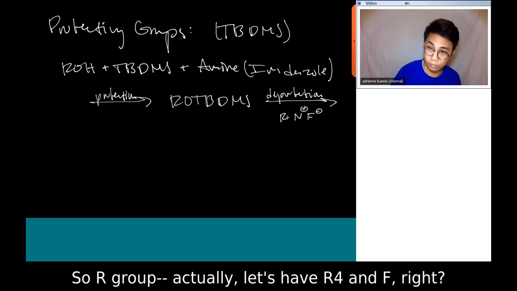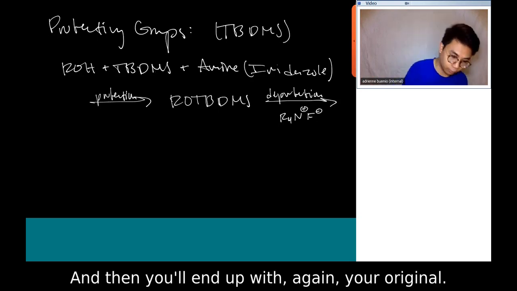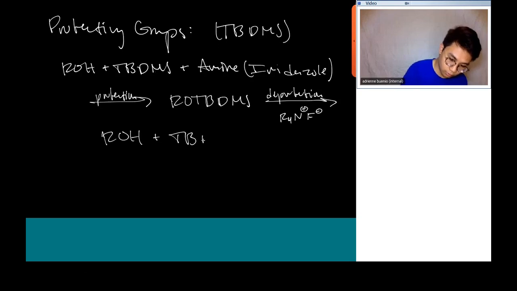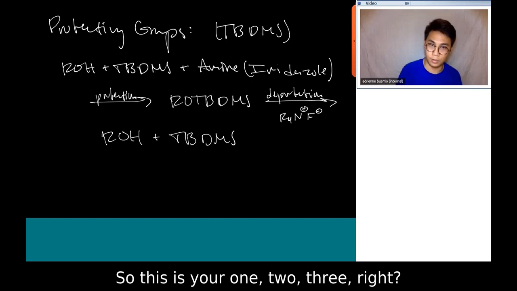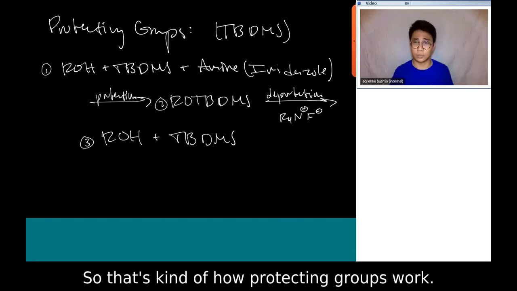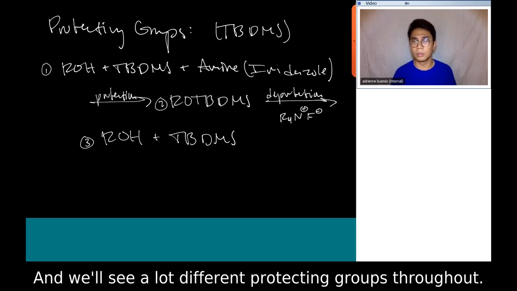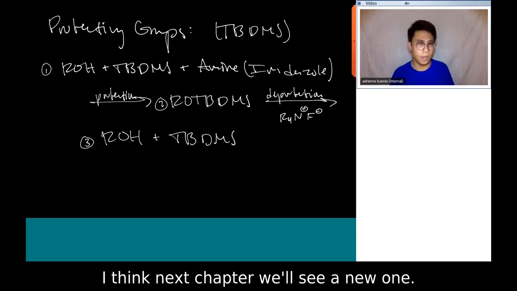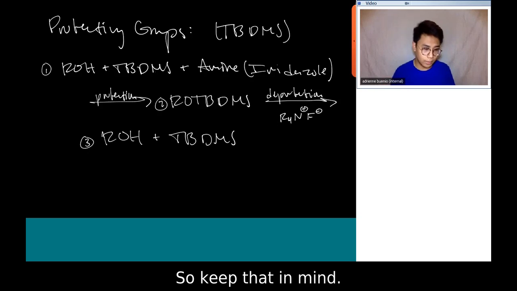And that fluorine is the key. And then you'll end up with, again, your original. So that's kind of how protecting groups work. And we'll see a lot of different protecting groups throughout. I think next chapter we'll see a new one. So keep that in mind.